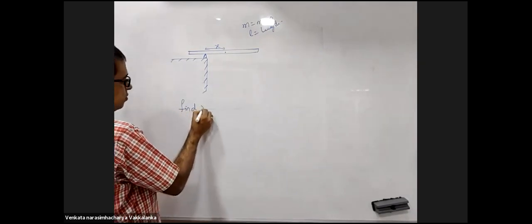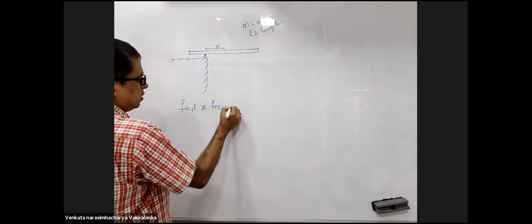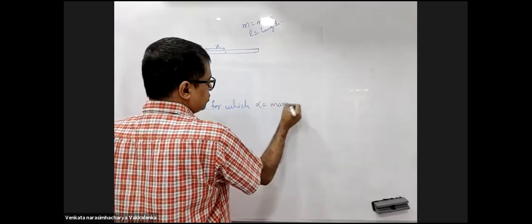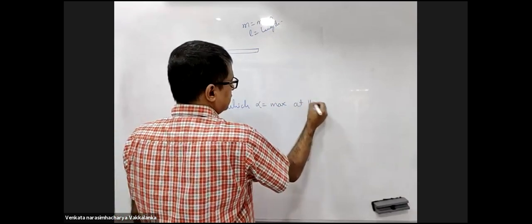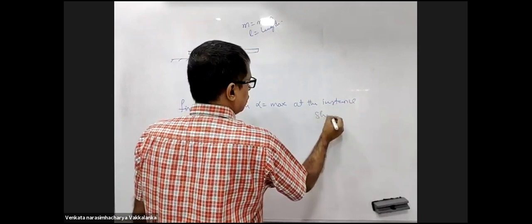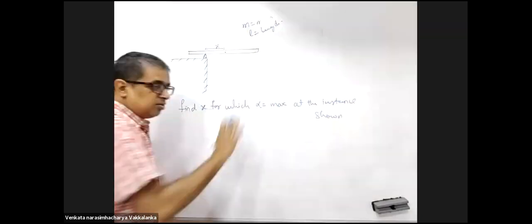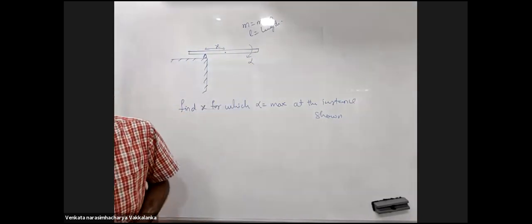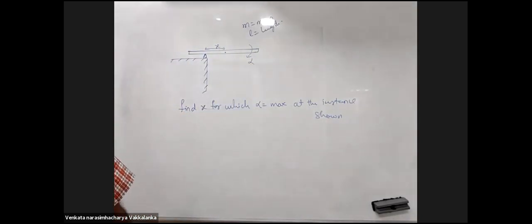Find x for which alpha is maximum at the instant shown. At this instant, when you release it, there will be an angular acceleration alpha.